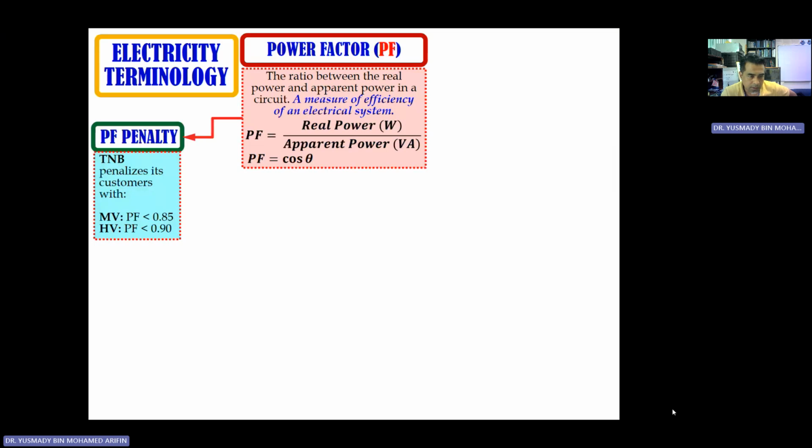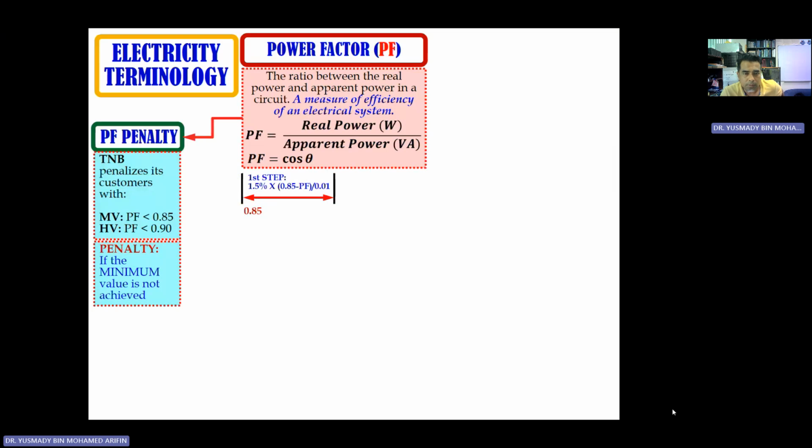However, for the higher voltage user, TNB will penalize if the value of PF is less than 0.9. So the customer will get a penalty if the minimum value is not achieved, based on the value decided by TNB.